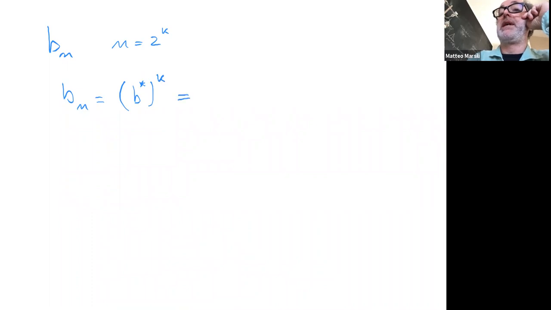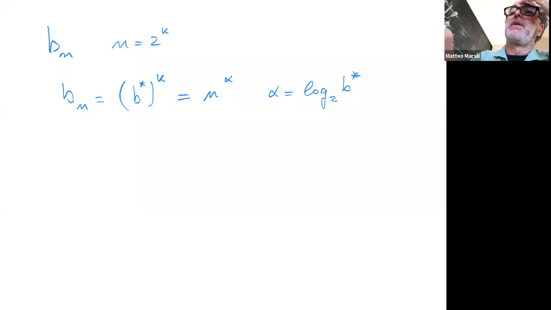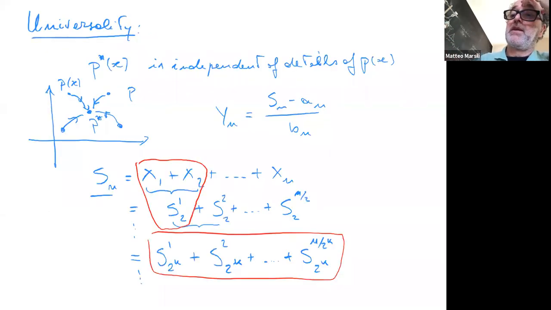So you can rewrite this as n to the power alpha, where alpha is the logarithm base 2 of B star. So you see that in general, as a consequence of the fact that of this picture here, when you look at the sum of many random variables, you can think of this as the evolution of probability distribution under the operation of a sum.